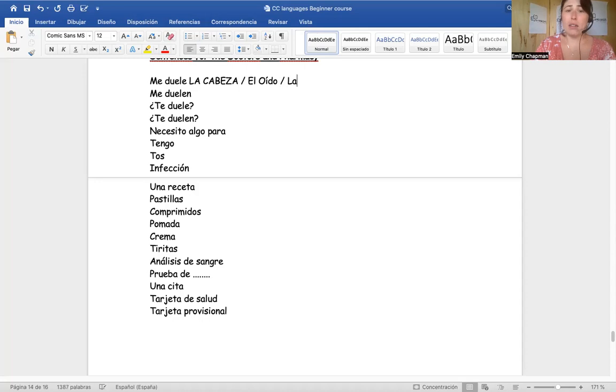Me duele la rodilla. Or if you wanted to use me duelen, they hurt me, more than one. Me duelen los ojos, plural. Me duelen las rodillas. Both of my knees are hurting me. Me duelen las piernas. Both of my legs are hurting me. And that's where we would differentiate. Me duele one part, me duelen more than one.